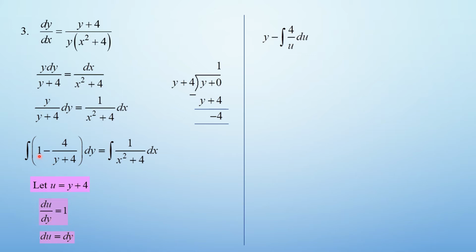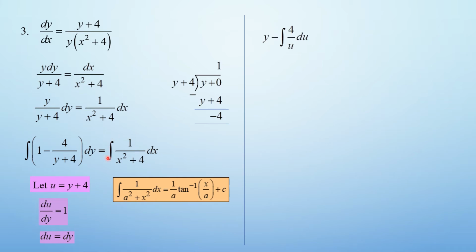The integral of 1 with respect to y, as I mentioned just now, is y minus. Now we replace y + 4 by u and dy by du, so we get the integral of 4 over u du.